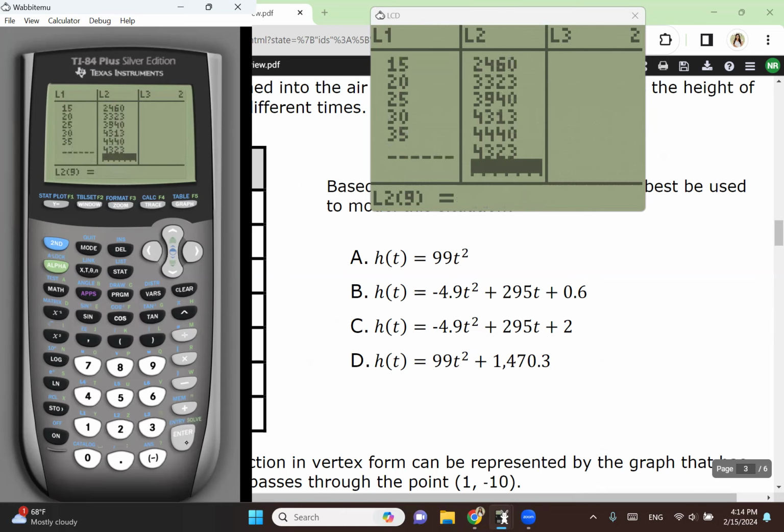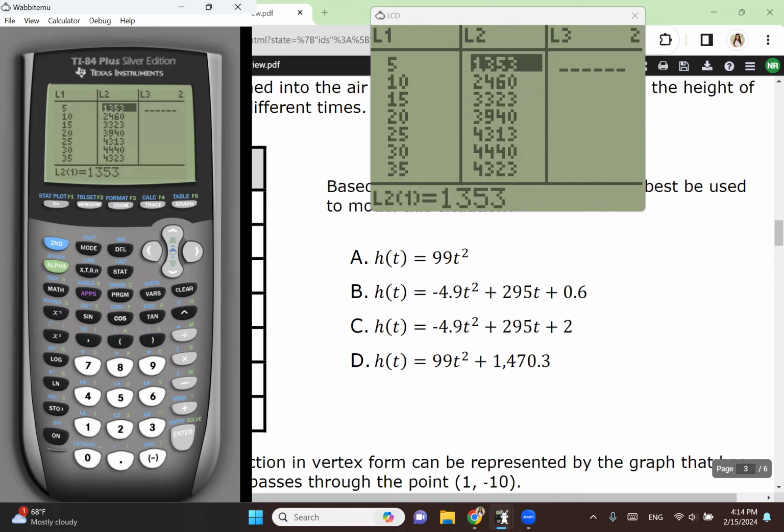Okay. How did I end up with more? 30, 35, 5, 10, 15, 20. Oh. 5, 10, 15, 20, 25, 30, 35. Dang it. Okay, that worked out.